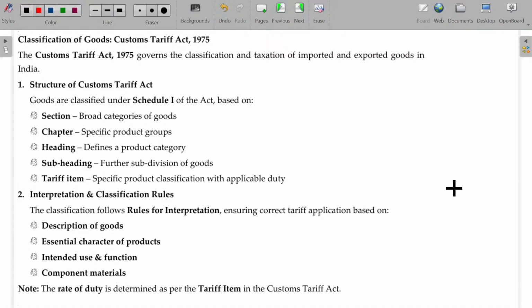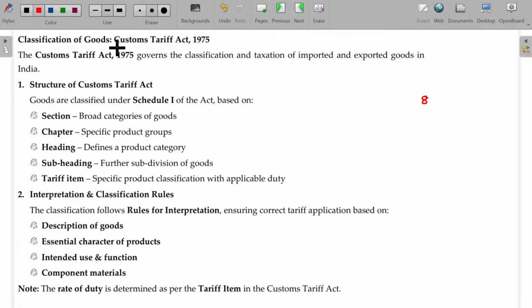Now, how do you classify the goods you supply? What are the goods you supply? It should be classified properly so that the tax levy will be correct. Whatever supply you do, you will have an 8-digit code named the HSN code, Harmonized System of Nomenclature.